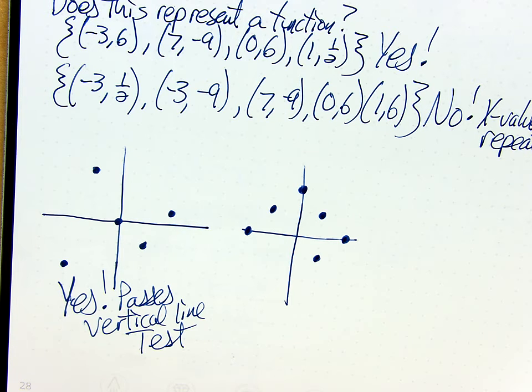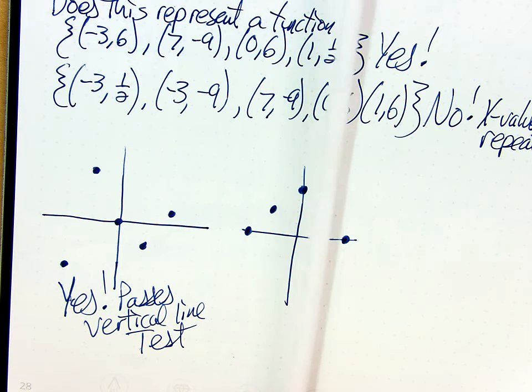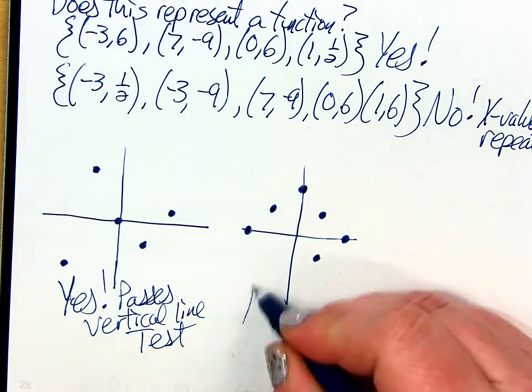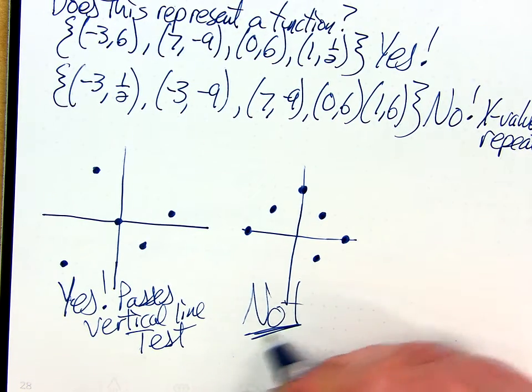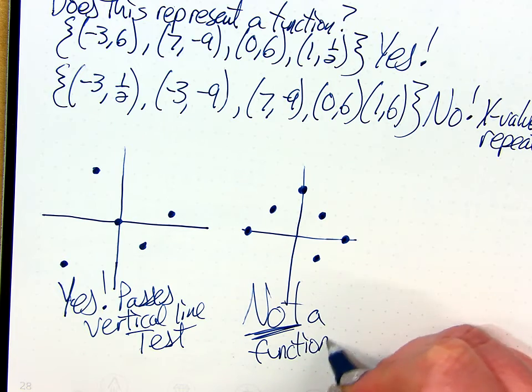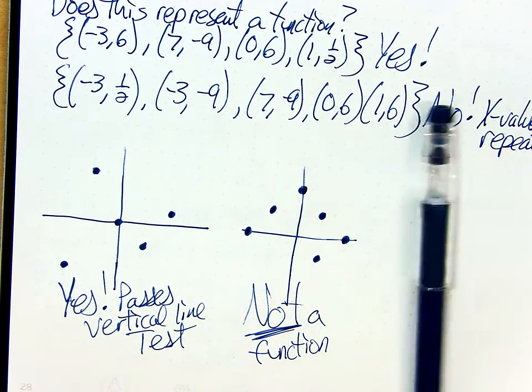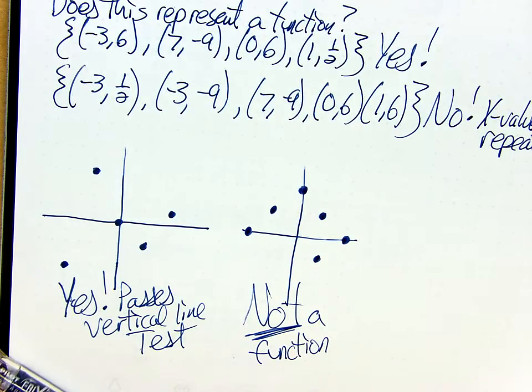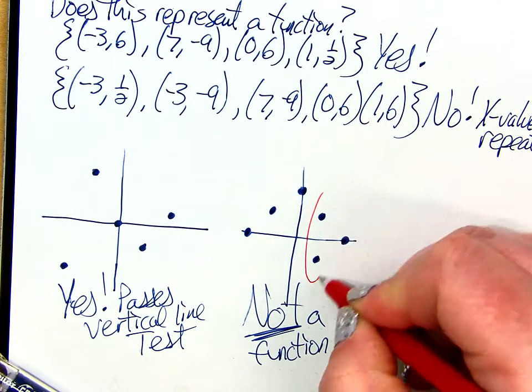It's going to fail because right here you'd have two dots under my straw at once, right? Everywhere else is fine, but if there's anywhere on the graph that fails, the whole thing fails. So this is not a function. I'll even circle where it fails if that helps. It's these two.